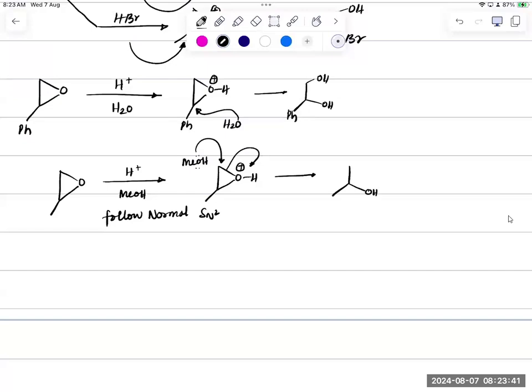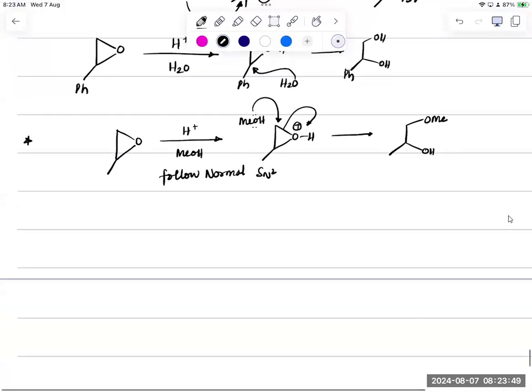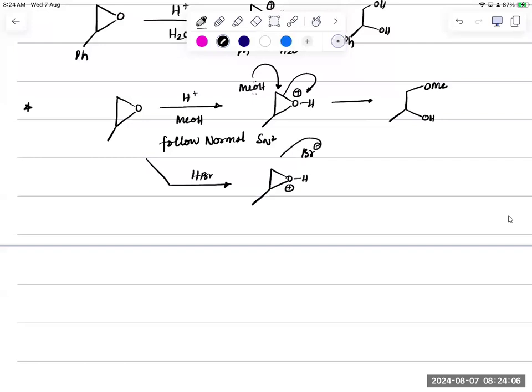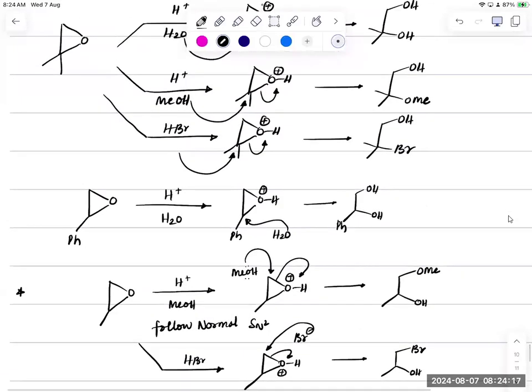I'll get OH and OMe. Same logic even if you have HBr here. First protonation, H plus, and Br minus will attack on this same position, giving OH and Br. This is the addition when you have it on one bond only. Got it?